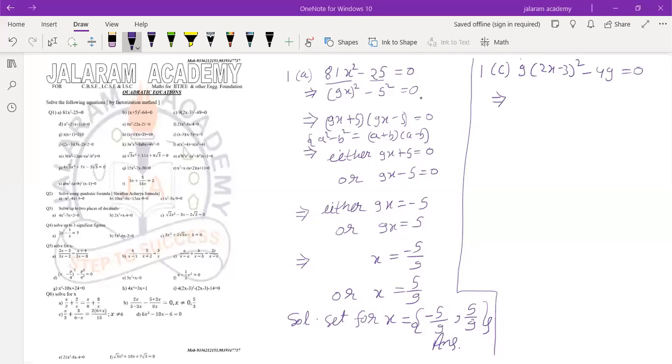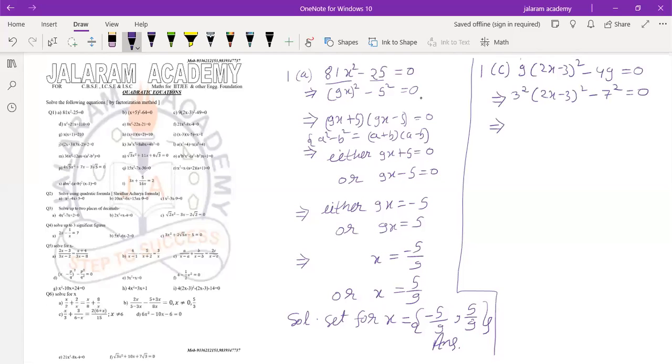We write 3 into 2x minus 3 whole in bracket whole square. So it implies bracket 3 into 2x minus 3 bracket close whole square. Do it one by one, step by step. 3 square, okay? 3 square into 2x minus 3 whole square minus, write this 49 as 7 square equals to 0.